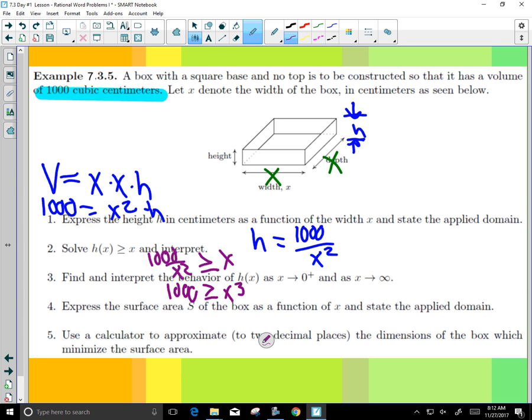And what's the cube root of 1,000? I bet you could tell me what that is. What times what times what is 1,000? 10, yeah. So x is just going to be less than or equal to 10.